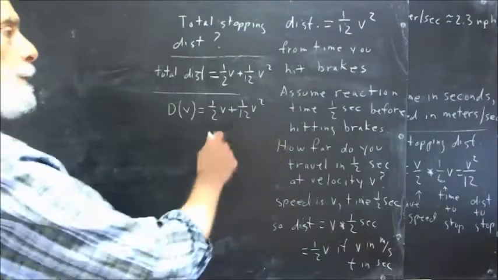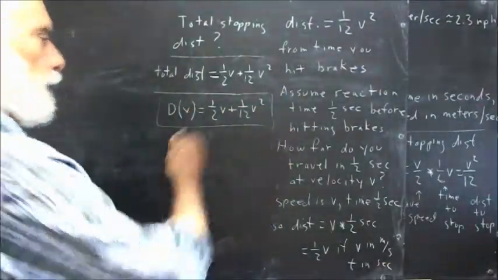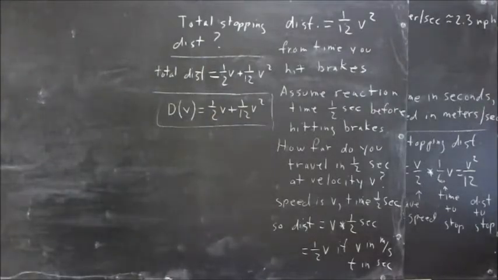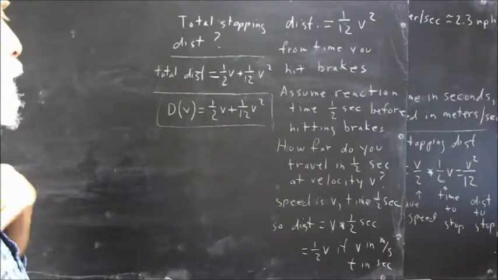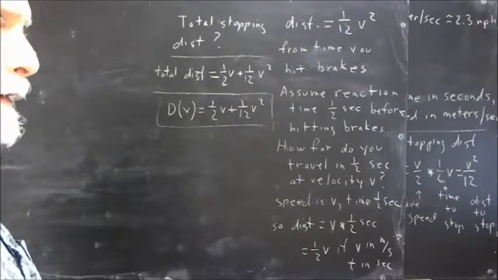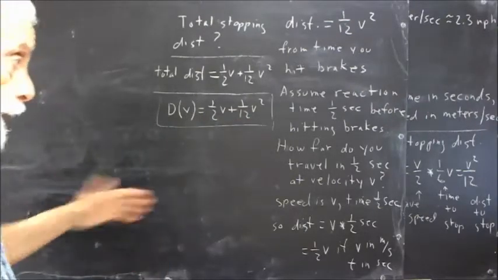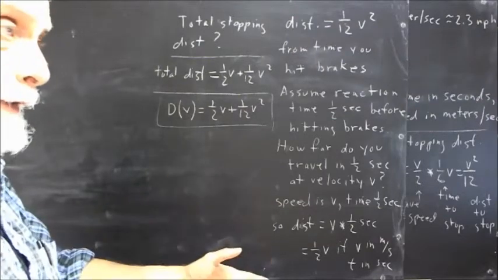Okay, so we have this distance function. Okay, well, what can we determine about this function? You should stop and make a list of the things we could find about this function and how we would analyze this function. We have standard methods for analyzing what kind of function this is, and how do we analyze that kind of function.